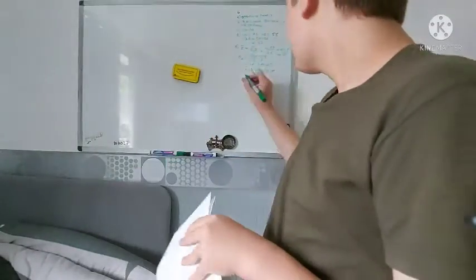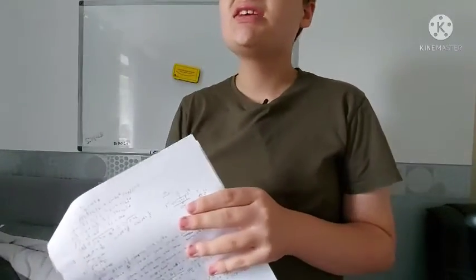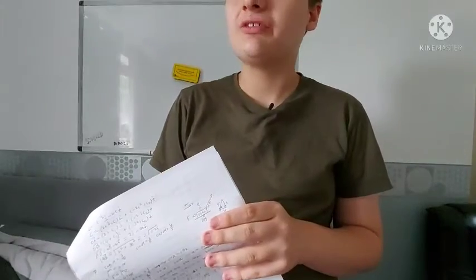Part F. Part F says, state, giving a reason, whether you would recommend using the mean and standard deviation or the median and quartile range to describe this data.